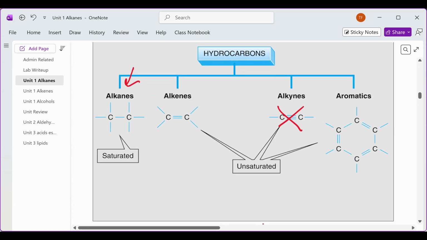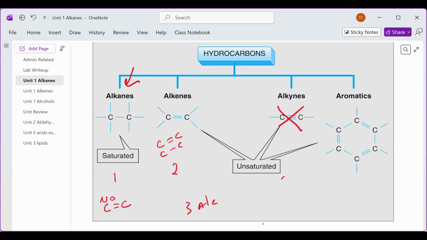Okay, so we're studying, this is subunit 1, subunit 2, and then the third one is alcohols. So if this had other carbons attached, but saturated has no double bonds. Alkenes have double bonds and single bonds.